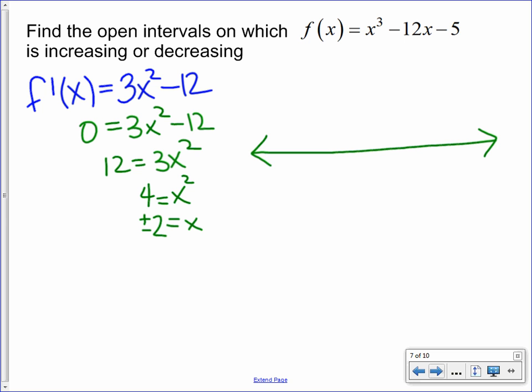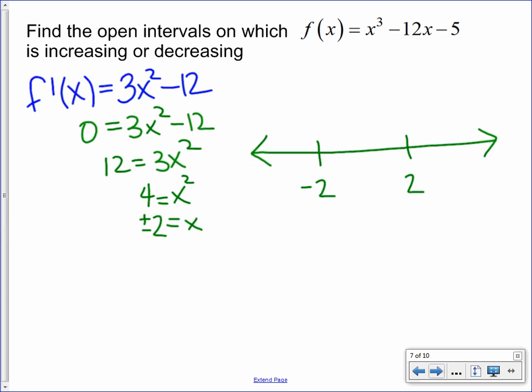Okay. All right. So you're going to place your critical numbers on a number line. And this is going to break up into 3 intervals. So we're going to pick points to test.